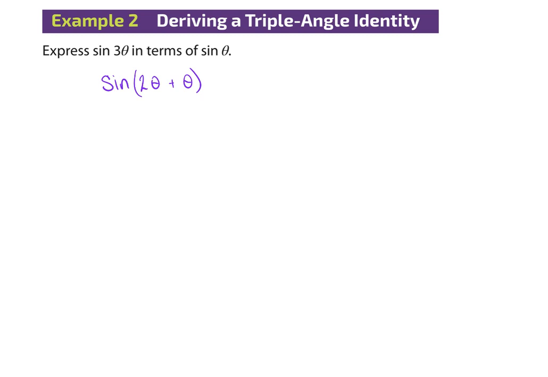And so the first thing you're going to do is use your addition property, your sum identity here. And you're going to say, if I have the sum of 2 angles, I can replace that with the sine of the first guy, cosine of the second guy, plus the cosine of the first one, sine of the second one. All right. And then I can replace those with my double angles. Now, the only thing with cosine is you're going to get to a point where you're like, which one do I use?